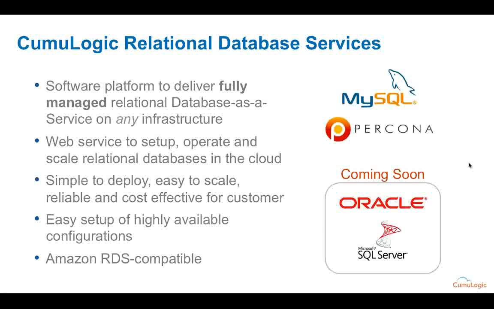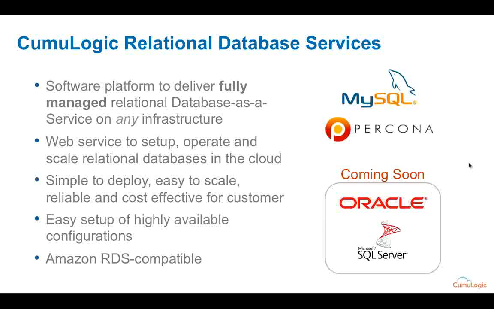Our relational database service as a standalone offering is an RDS equivalent capability. Amazon's RDS is the Amazon Relational Database Service. Our software allows users to select the engine that they want to deploy. Currently, we support both MySQL as well as the Percona XtraDB engine.